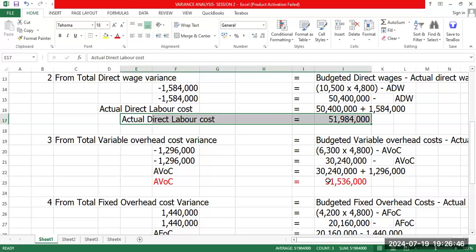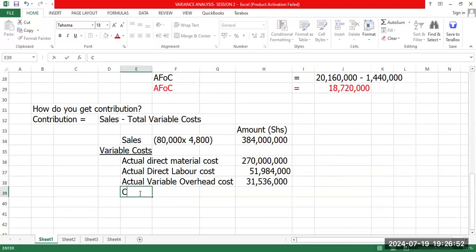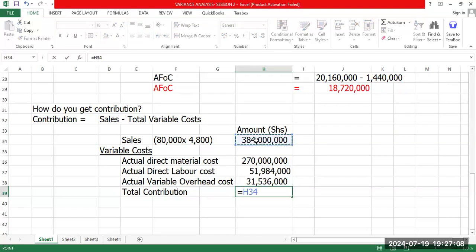So finally, what is your contribution? Now we can get the total contribution. Total contribution will be equal to how much? We get this figure, then minus this plus this plus this.